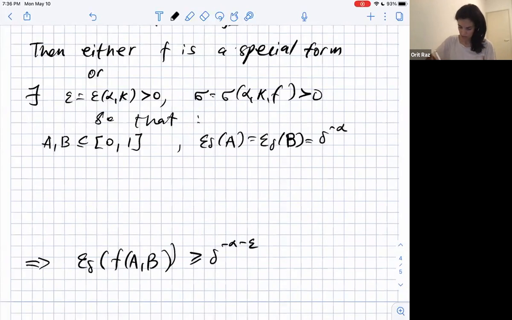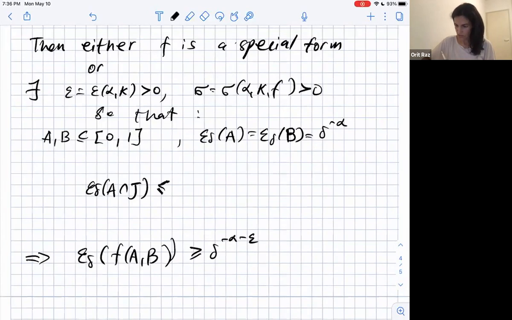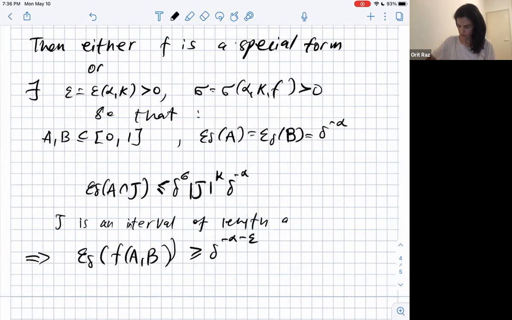And the non-concentration assumption says that if we take A and intersect it with some small interval J, then we cannot have too much of the set A inside this interval. So it's at most the length of J to the power of kappa minus alpha, where J is an interval of length delta.